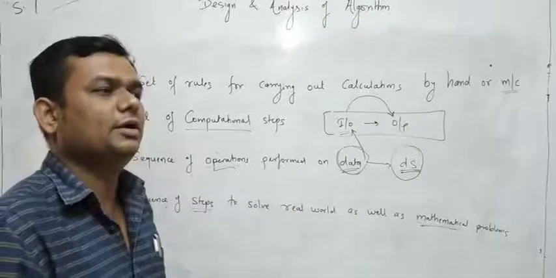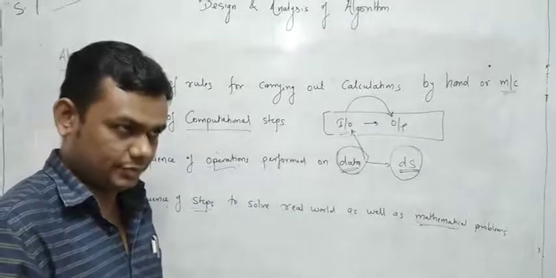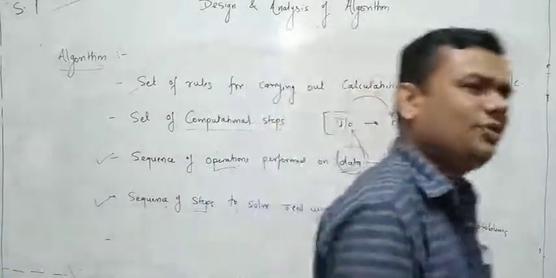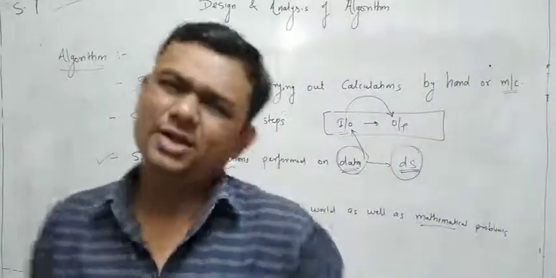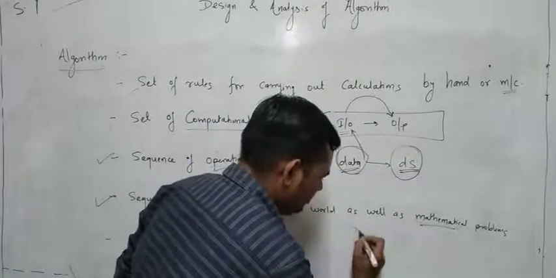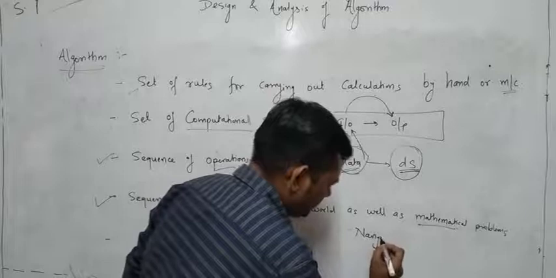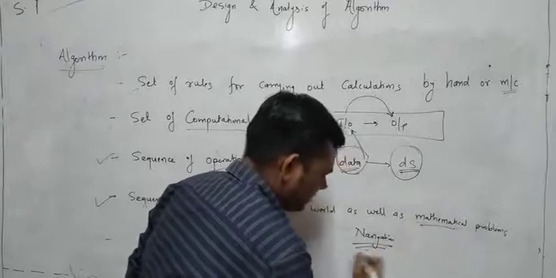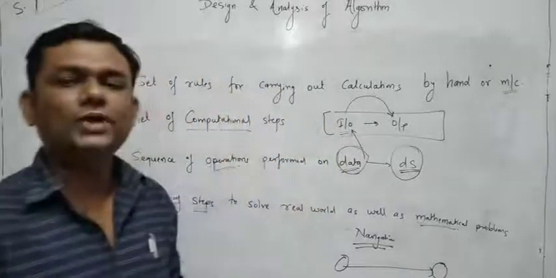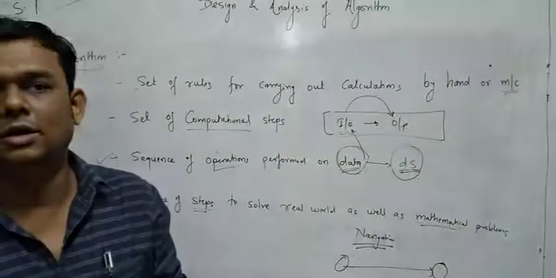You have to decide to write an algorithm. So factorial as well as Fibonacci and a number of graph problems, or for example the navigation problem, navigation from one place to another place, from source to destination. At that time we also require an algorithm.